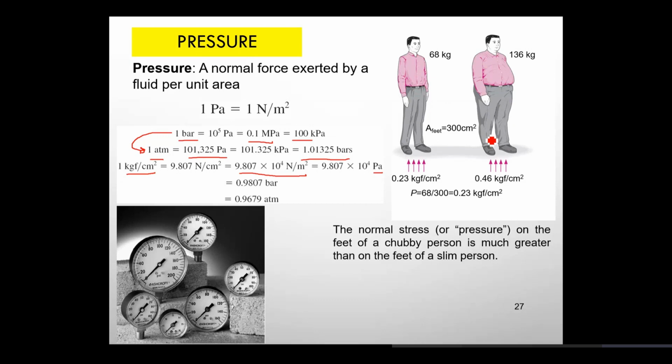For example, I am running an experiment and I want to maintain a pressure of, let's say, 2 bar within my system. I have a nitrogen cylinder on which I can fix my gauge, and I want to maintain a pressure of 2 bar while I'm doing the experiment. I go to the market and ask for the gauge. The gauge that is available for a nitrogen cylinder or oxygen cylinder is in PSI.